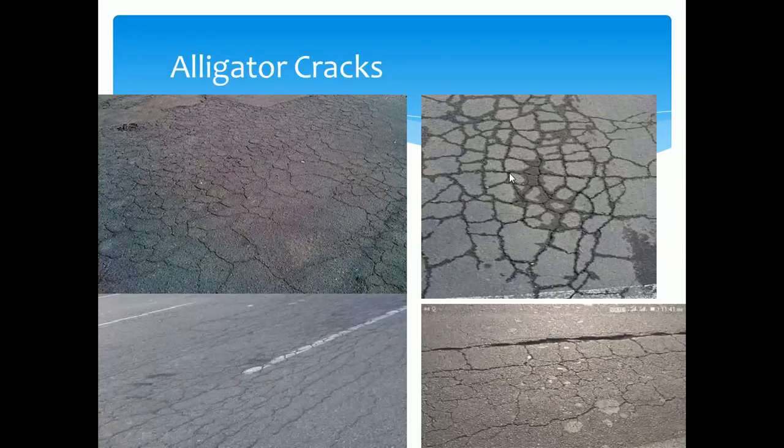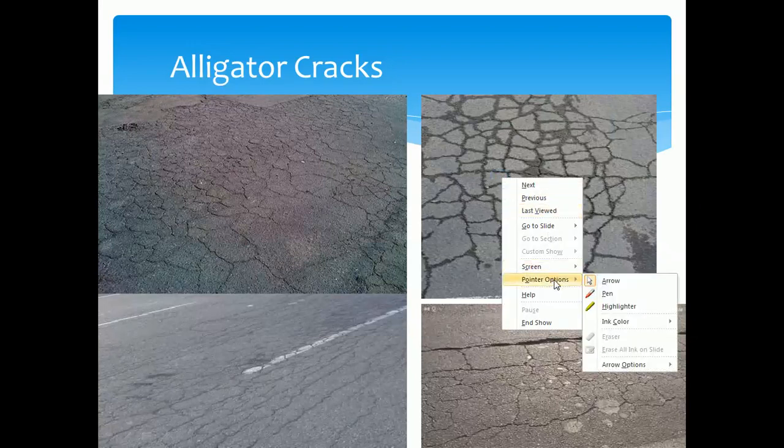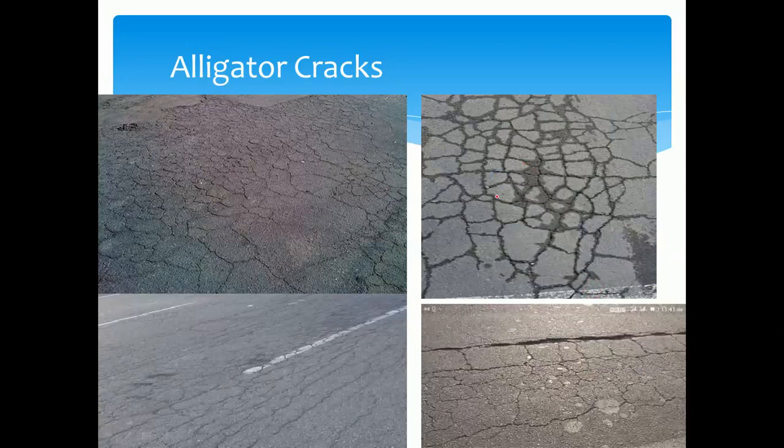You can observe there is percolation of the water because of an improper drainage system, or there may be poor materials at the top surface, or there is a repetitive application of load on the surface, we may observe this type of cracks, that is alligator cracks.